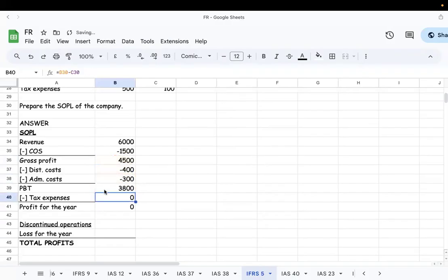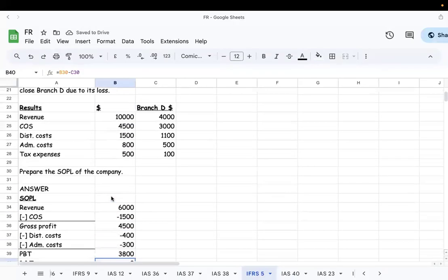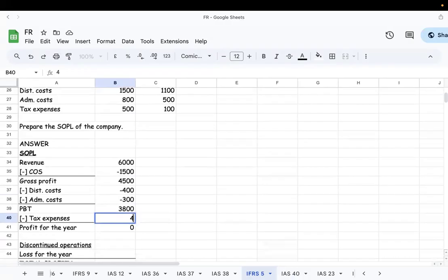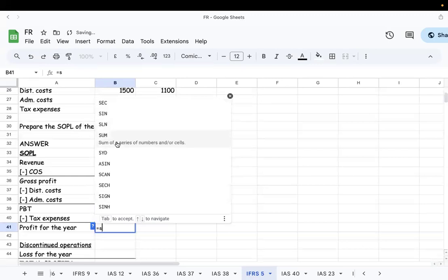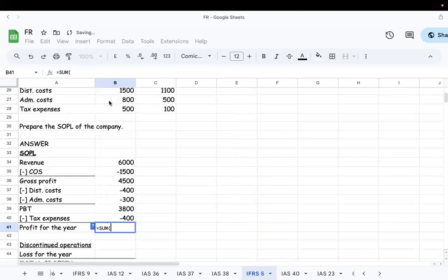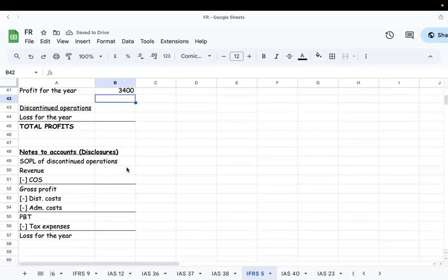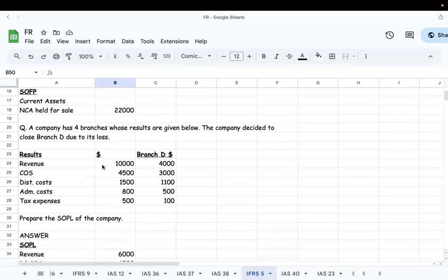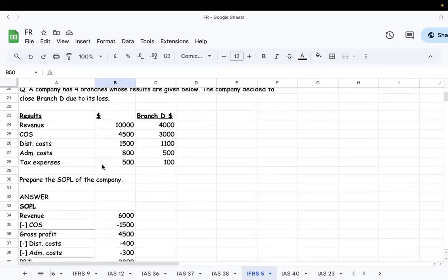Okay, so 3,800, and the tax would be how much? 800, 500 minus 100, that is 400. Okay, so this is the result. Now you're going to separately give the results of the discontinuing entity.